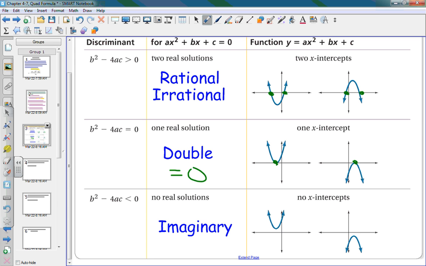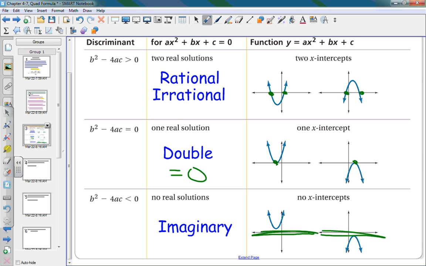And if b squared minus 4ac is less than 0, again, we're trying to find the x-intercept. If it's imaginary, can you see it crossing the x-axis? No, because it's either going to be above the x-axis or below the x-axis, meaning it's never going to cross the x-axis, which therefore means it's imaginary. So that is what it's going to look like visually for you.